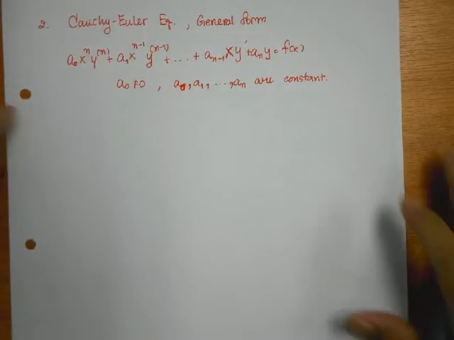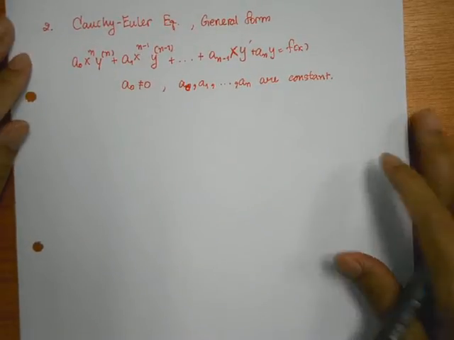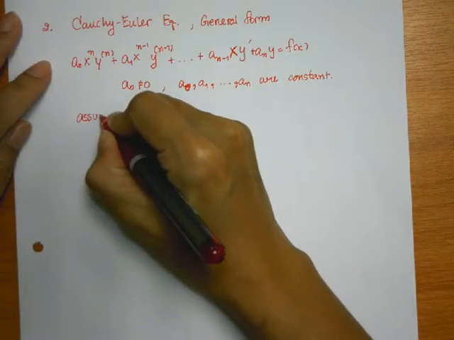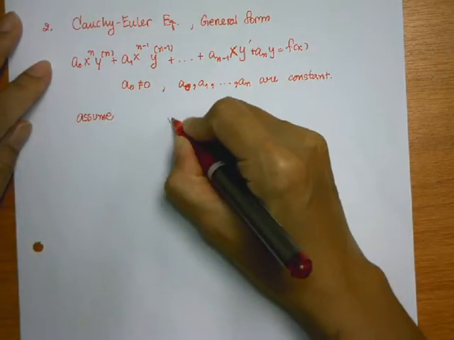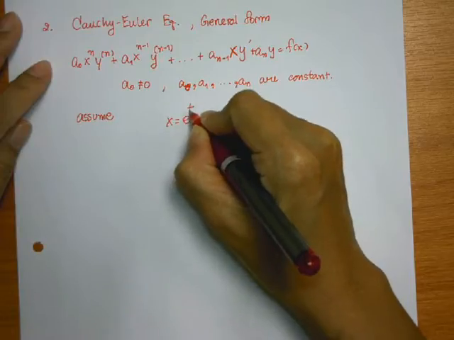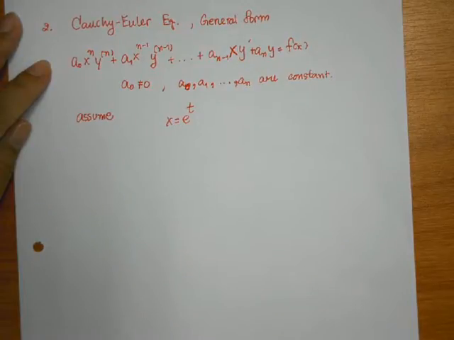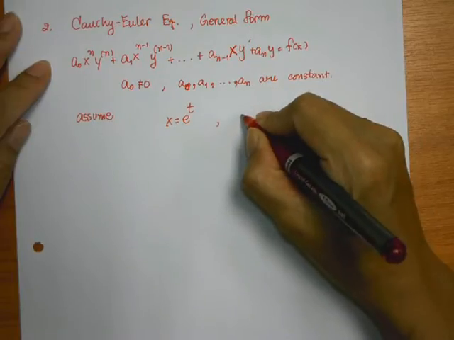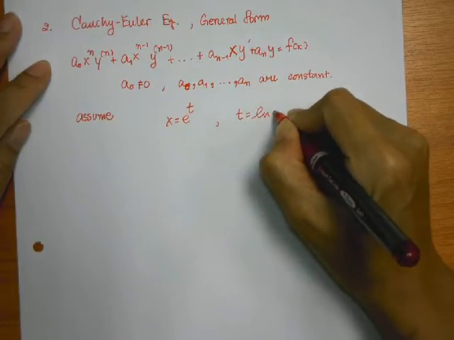Okay? So if you have an equation like this, the thing that you have to do is just assume x is equal to exponential of t. Or from here, t is equal to ln x.